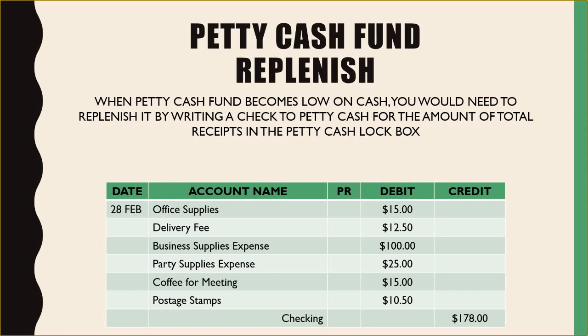So I'm going to calculate the total of my receipts and put them in the respective expense accounts right here. So we bought some office supplies, we had some delivery fees and some business supplies, as well as party supplies and coffee for a meeting, and so on and so forth. And then, of course, we go ahead and write a check for the total amount of receipts that you have.